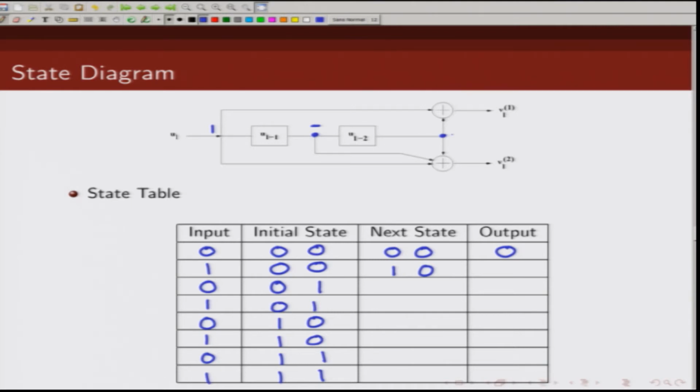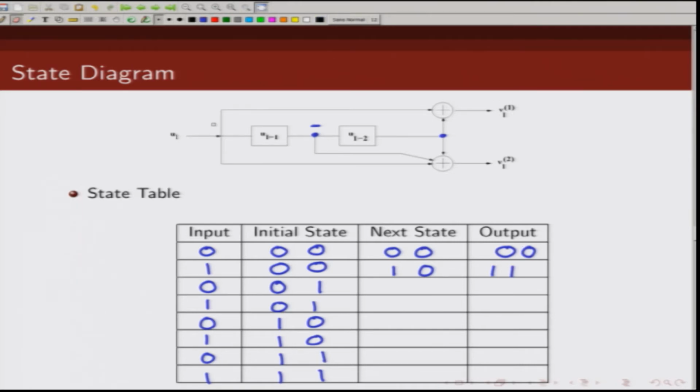So, the next state would be 1 0. And what will be the output? Since the input is 1, initial states are 0. So, 1 plus 0 will be 1 and 1 plus 0 plus 0 will be 1. So, this output will be 1 and this output is 0 0. We have already mentioned this.